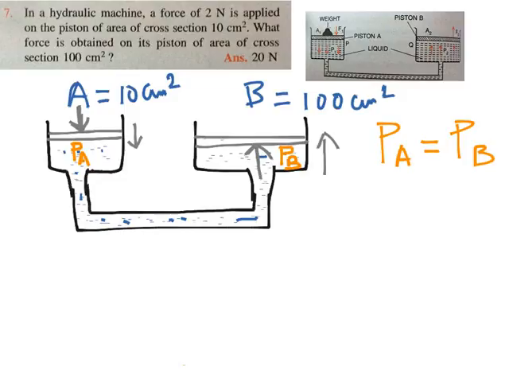Now we know from the formula that pressure P is equal to force or thrust per unit area.